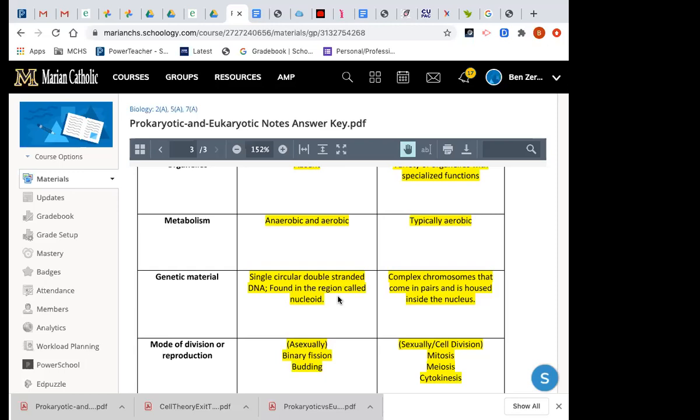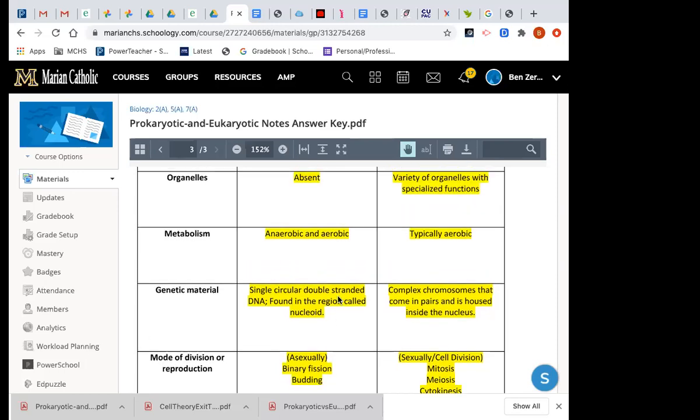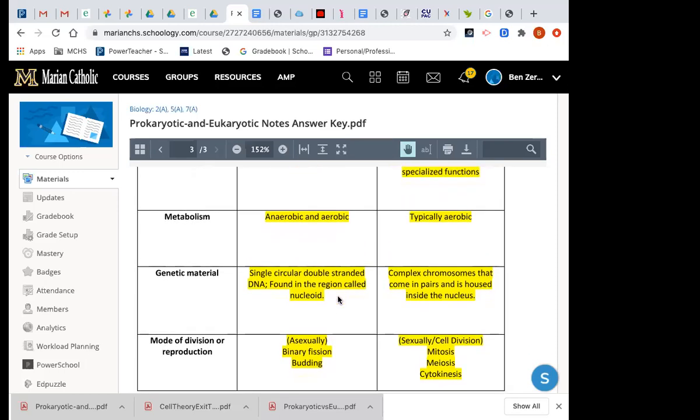Most prokaryotic cells reproduce asexually. That means that there's no exchange of genetic information. Although some eukaryotes reproduce asexually, most reproduce sexually. Okay, and that means there is an exchange of genetic material.